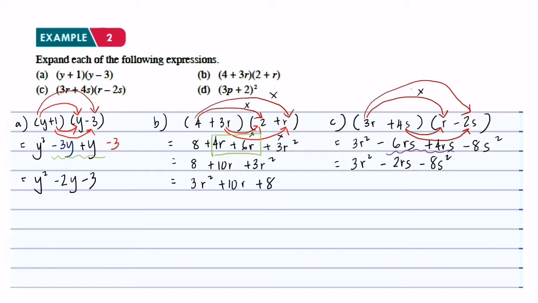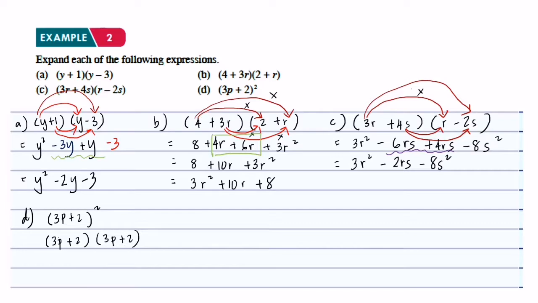Okay, now we try to answer question D. 3p plus 2 squared. Okay, 3p plus 2 squared means 3p plus 2 times 3p plus 2.